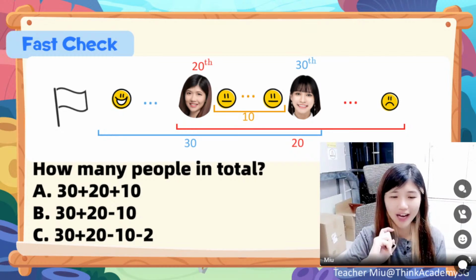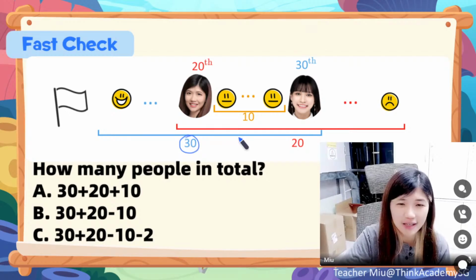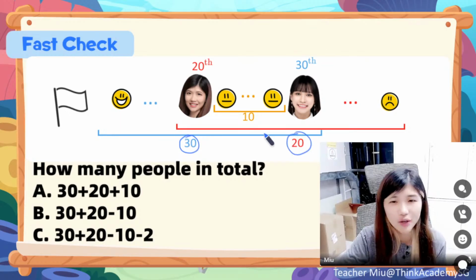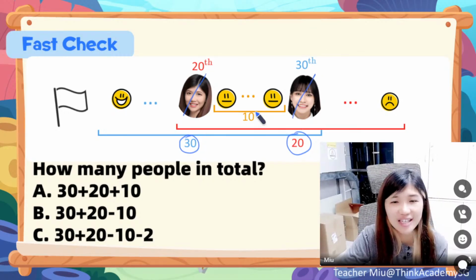You know what? From the front all the way to the back, yes, it's supposed to be 30 plus 20. But then you see who is sitting on both benches, which includes Miu, Charlene, and these 10 people also sitting on these 2 benches as the overlap.